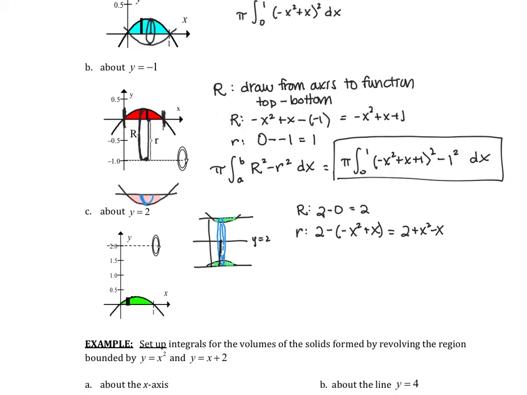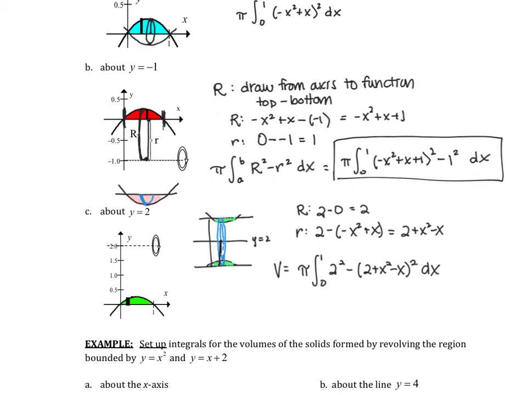Now remember, when I set this up, the volume for this particular one is going to be pi times the integral from, well, the bounds of integration have not changed on this one, so from 0 to 1 of my outside radius squared minus my inside radius squared. Oops, that's not a plus, that's a minus. And it's with respect to x, so dx.